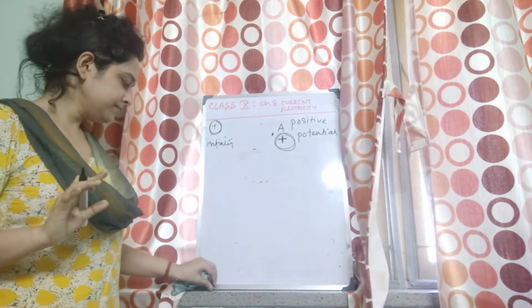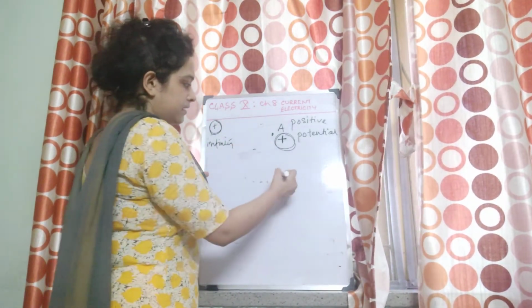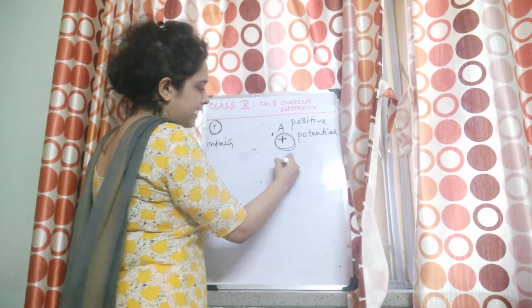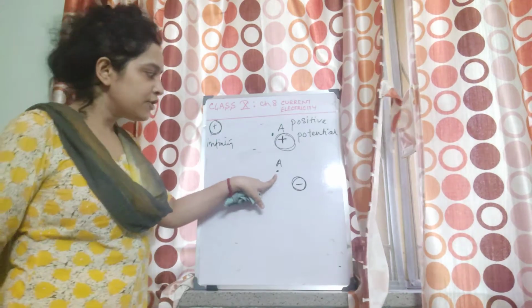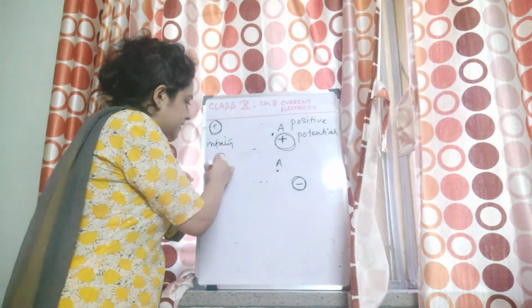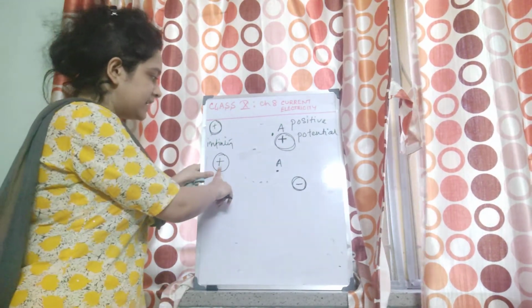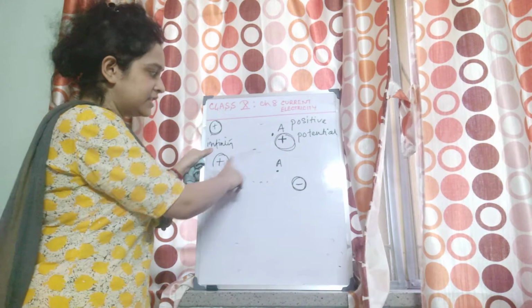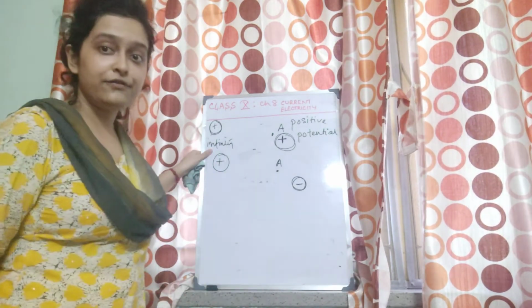Now, if you have a negative charge nearby the point where you want to measure the potential, then the work done in bringing the positive test charge from infinity to this point is actually negative. Why?